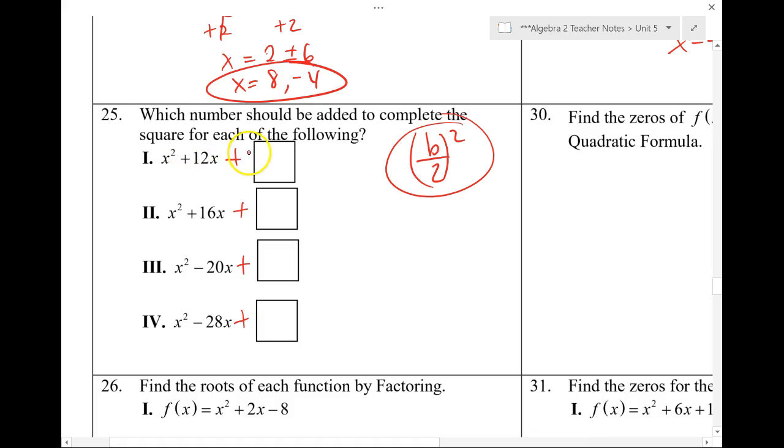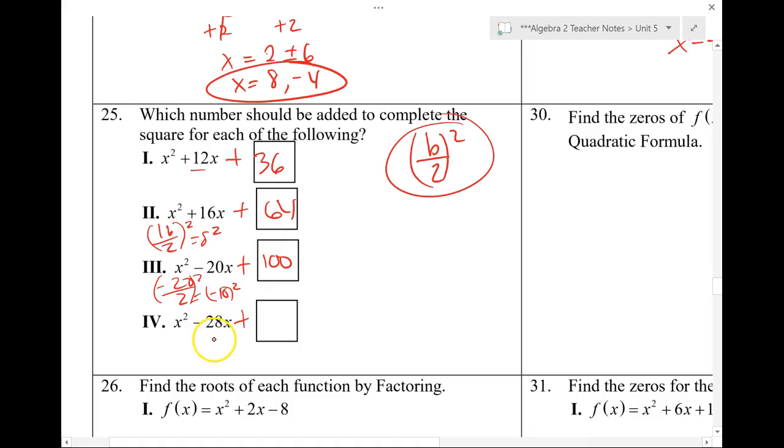So now, this first one, 12 divided by 2 is 6, and 6 squared is 36. Next one, 16 divided by 2 is 8, and 8 squared is 64. Next one, negative 20 divided by 2 is negative 10, and that squared is 100.